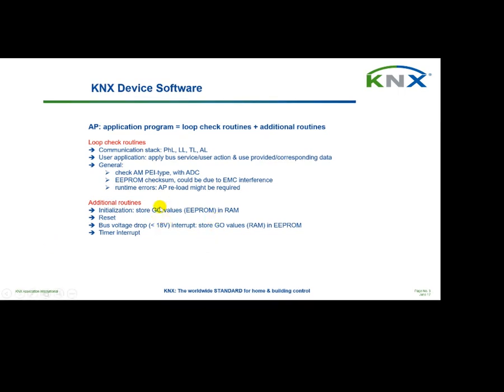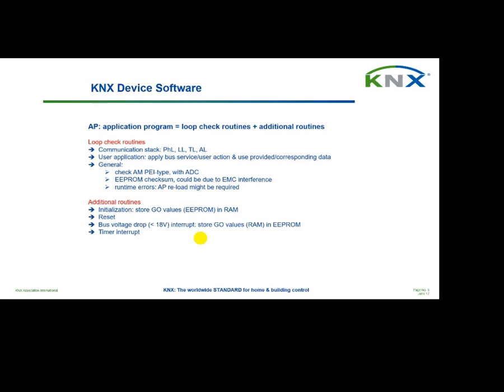And there are some general loop check routines also. That is to check the application module PEI type, as just explained before with the ADC, because this is important. If there is a mismatch, for example, if the application module physically on the device is a push button, then it is of course not okay when the application program would be for an actuator.